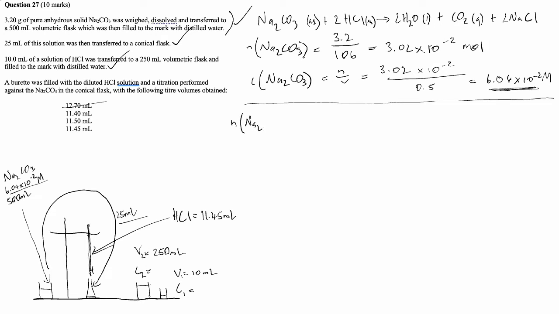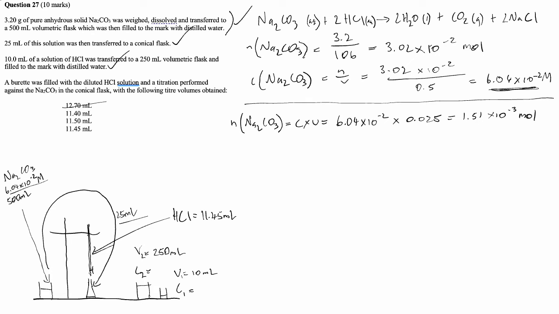The number of moles in that conical flask of Na2CO3 is equal to C times V, which is the concentration, 6.04 times 10^-2, times 0.025 litres. That gives us 1.51 times 10^-3 moles.